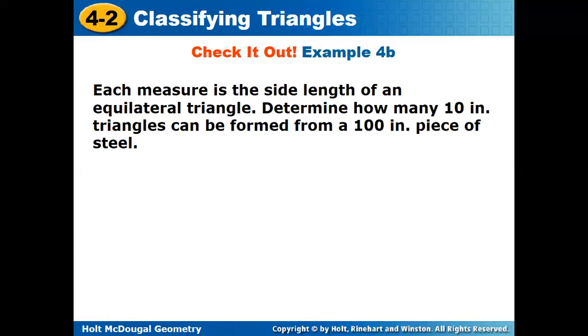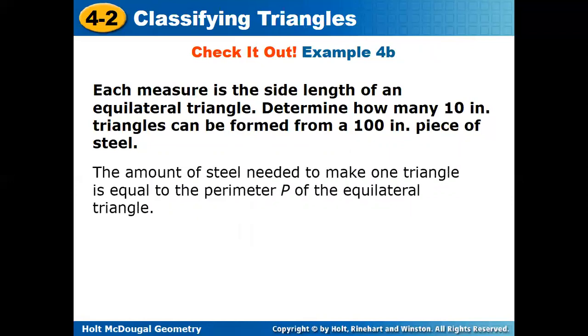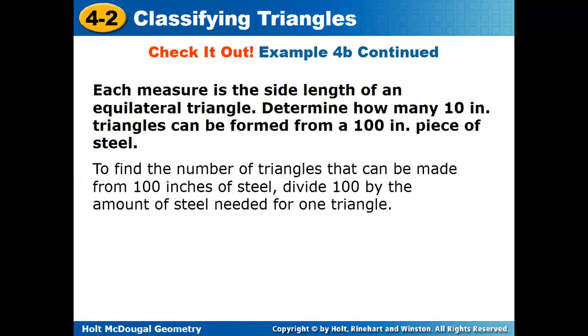Okay, check it out. 4B. Let's see. The amount of steel needed to make one triangle is equal to the perimeter P of the equilateral triangle. So P equals 3 times 10, which is 30.